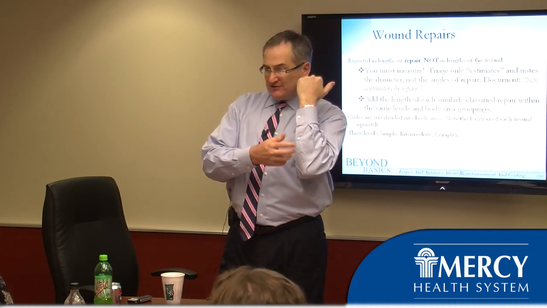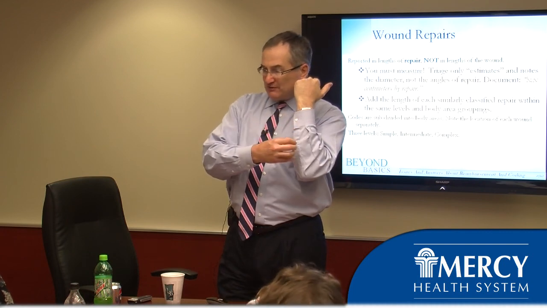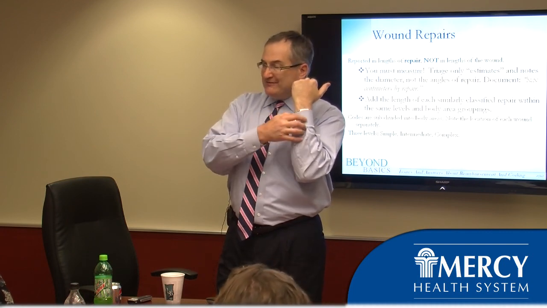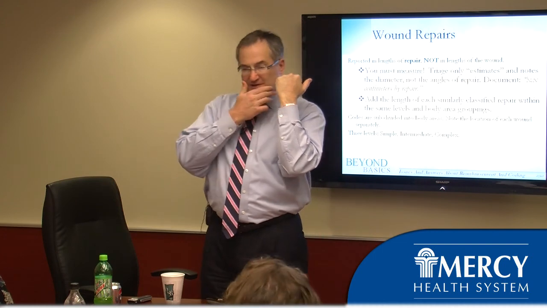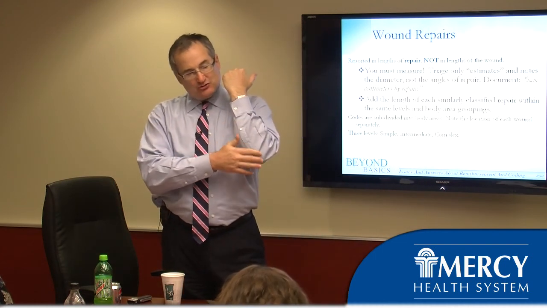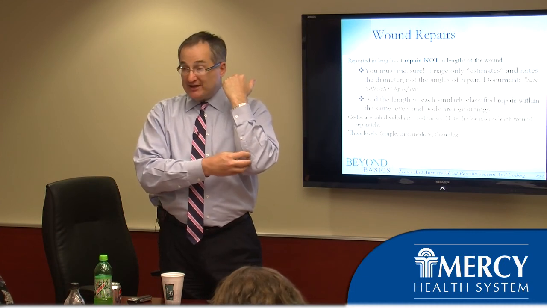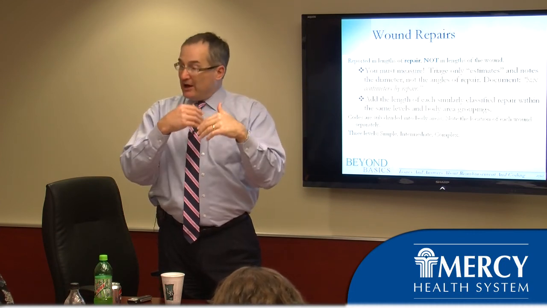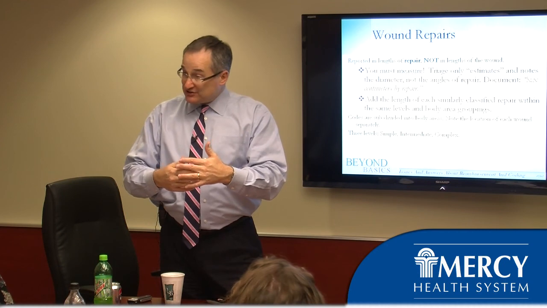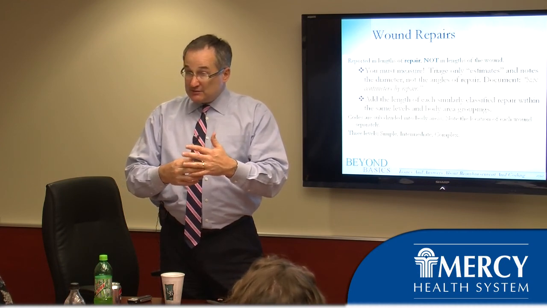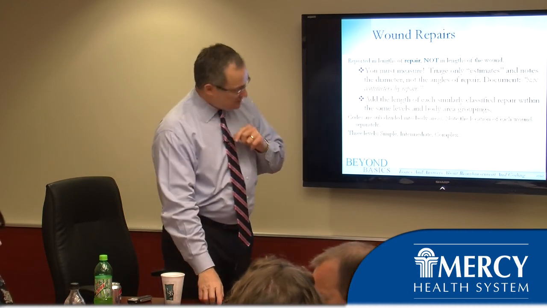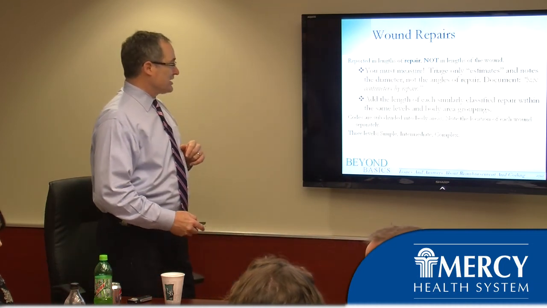But I want the physicians to document the lengths of repair on all of them, even if they were in the same group. Don't just tell me that you've got 10 total centimeters. I'd like to know where they are relative to how complex each of those procedures are. How deep are they? What is their complexity? Okay, are they simple, intermediate, or complex? And then measure each one separately.